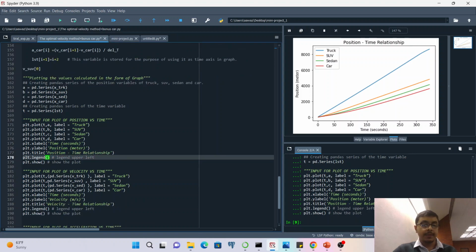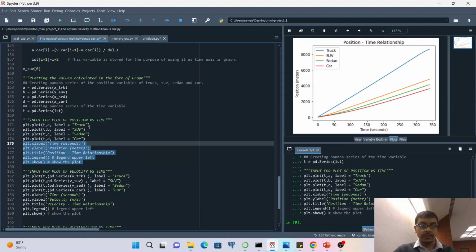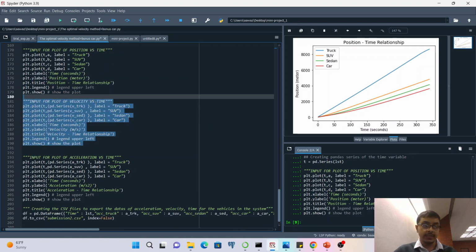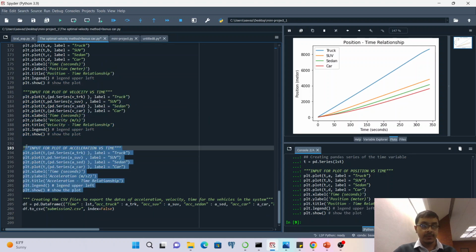Then PLT legend, which keeps null arguments. And PLT.show means whatever the PLT instructions up to this point are shown in the plot. And similarly we do the same for velocity versus time and acceleration versus time.